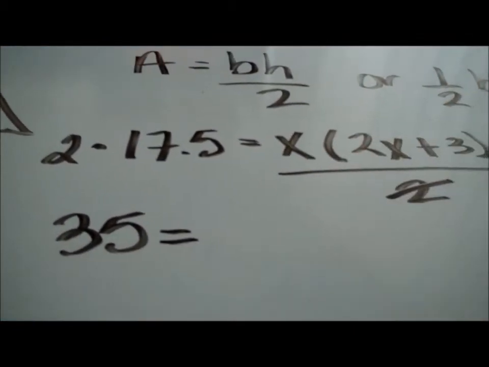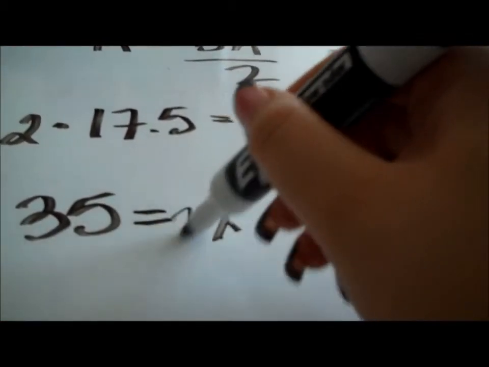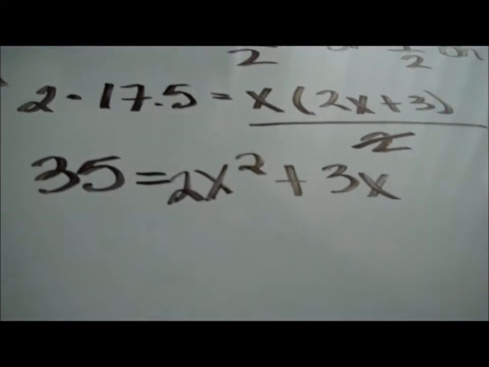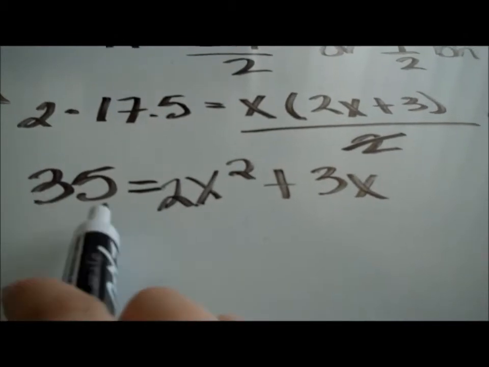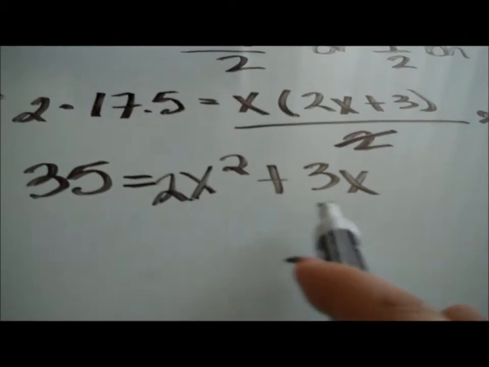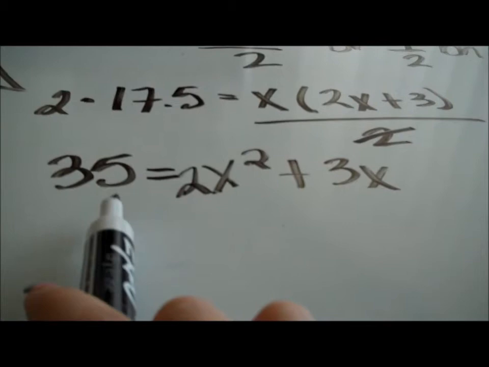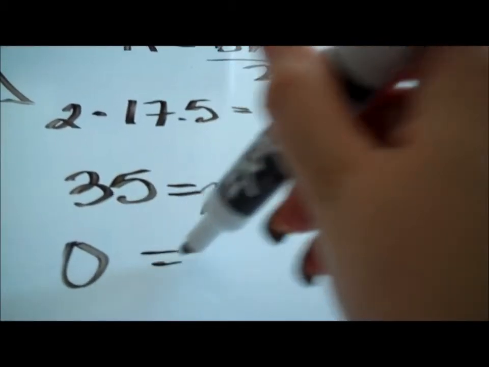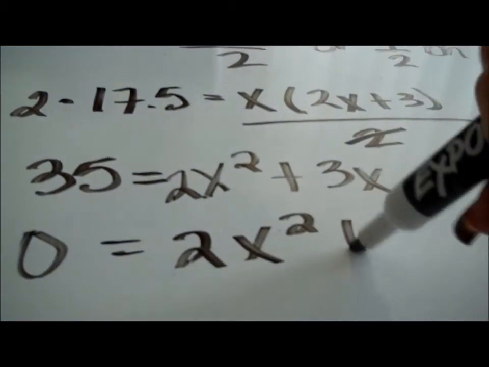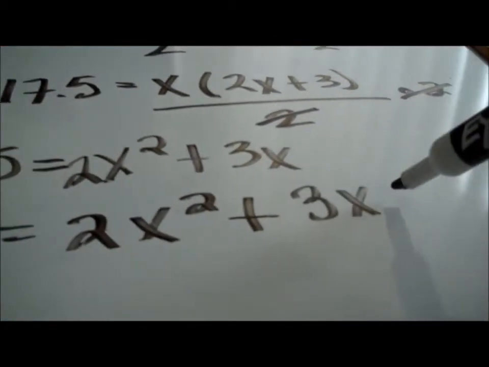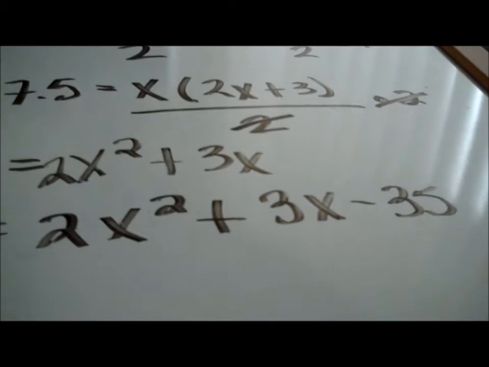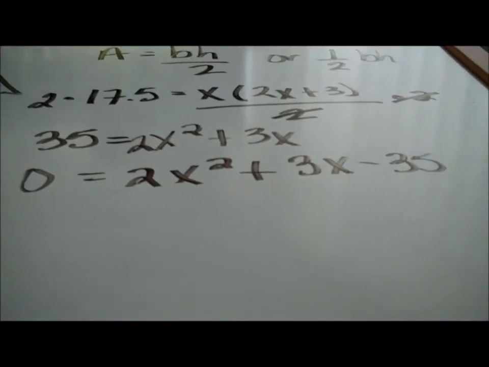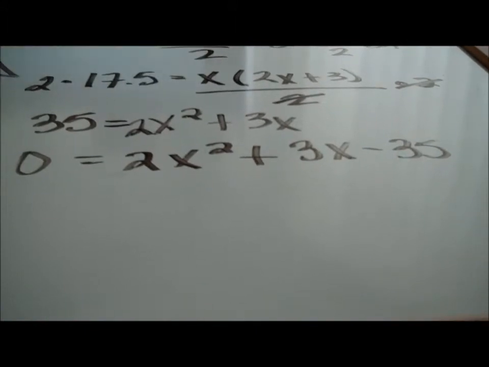I need to distribute this, so I get 2x squared plus 3x. I need to get this 35 to the right-hand side. So I'm going to do that by subtracting. So I get 2x squared plus 3x minus 35 equals 0, of course. Then I need to go through and I need to factor this.